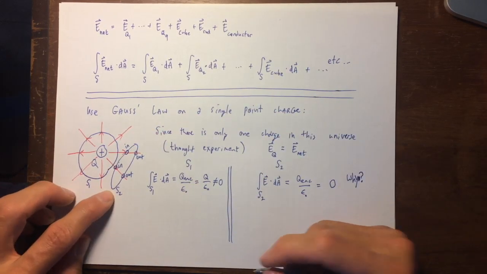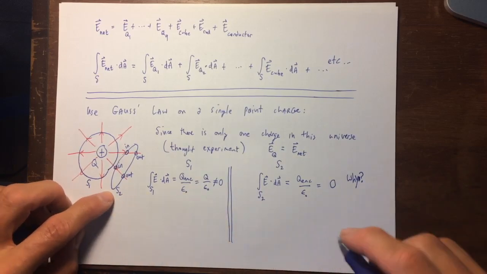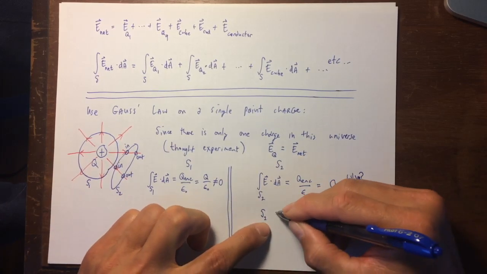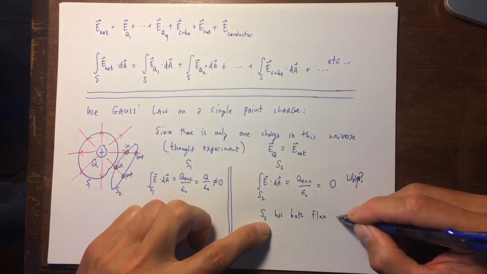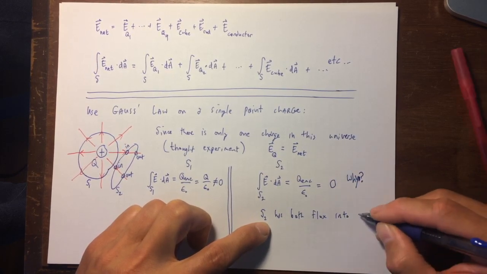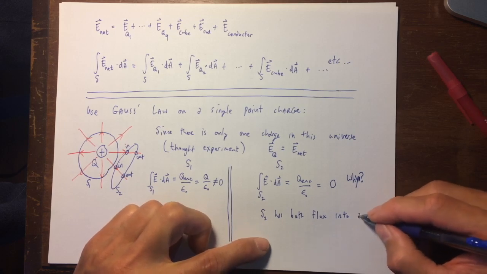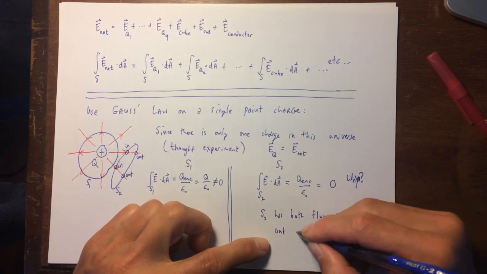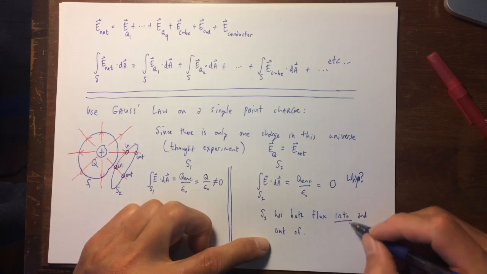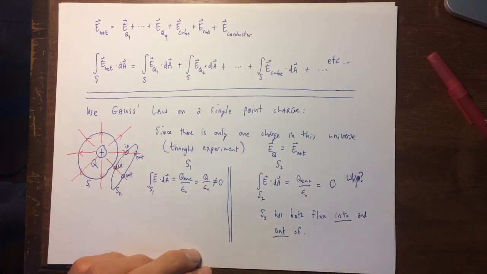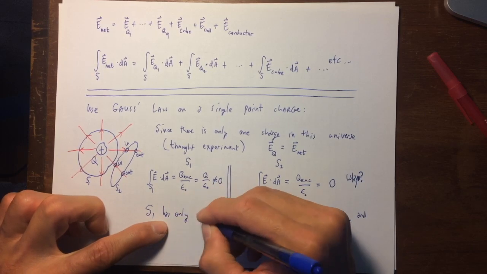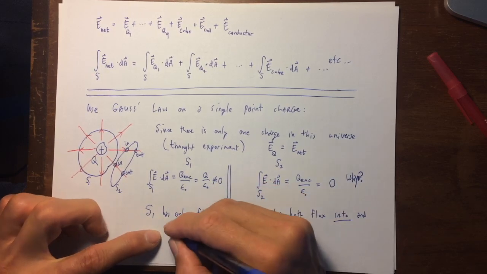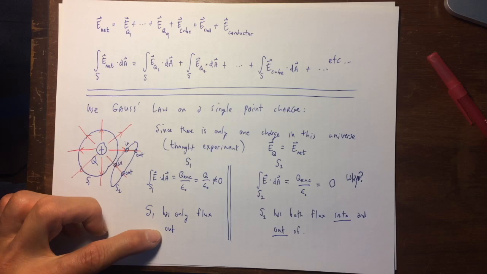So that's what's happening on S2. S2 has both flux into and out of, right? In and out. S1 has only flux out.